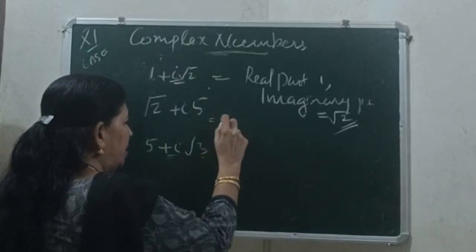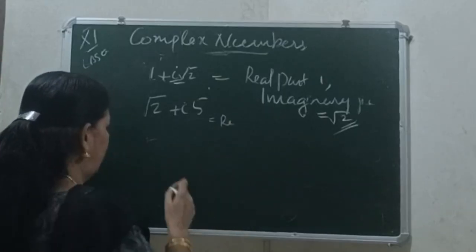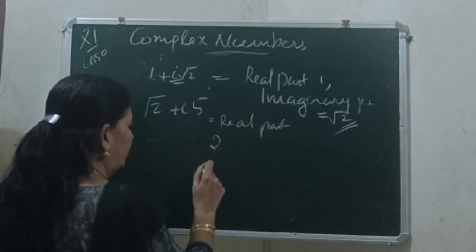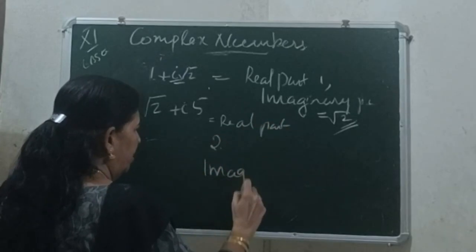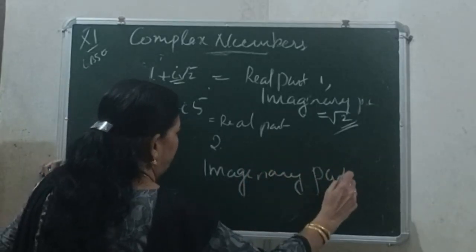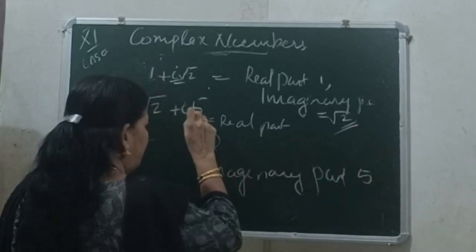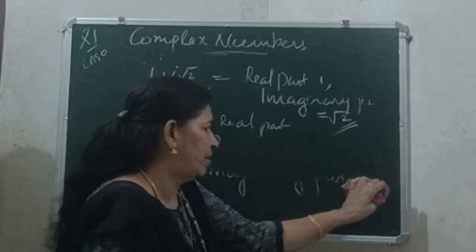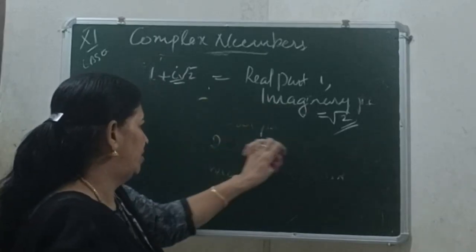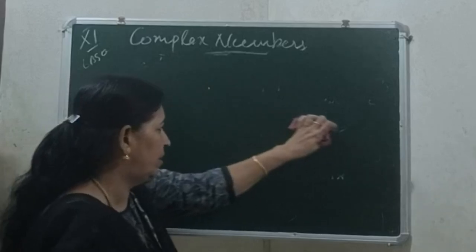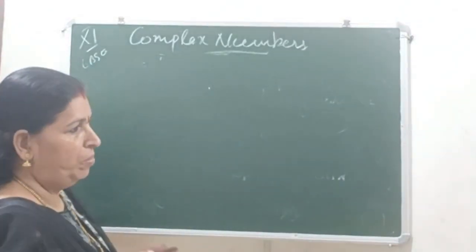In 2 plus i root 5, the real part is 2 and the imaginary part is root 5, the number that comes along with i, the imaginary number. So root of minus 1 is an imaginary number. That number which comes along with i is the imaginary part.